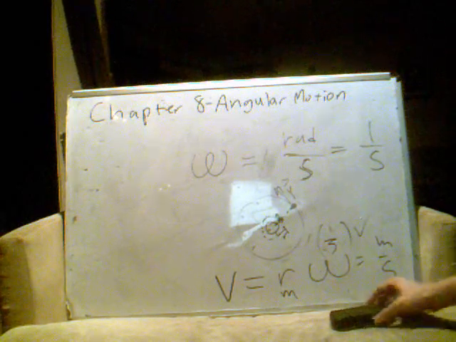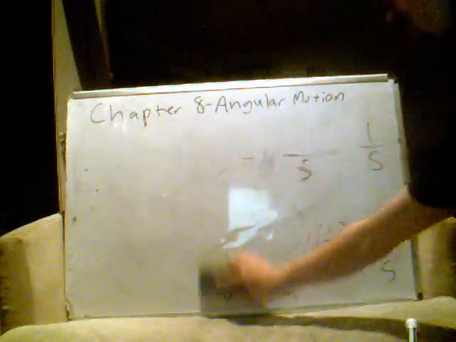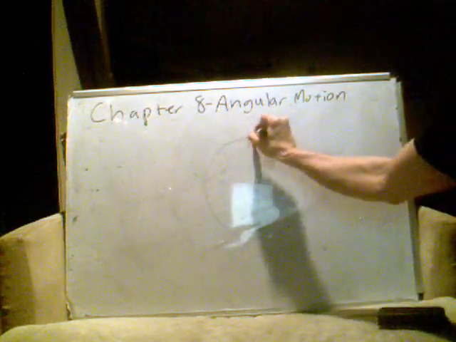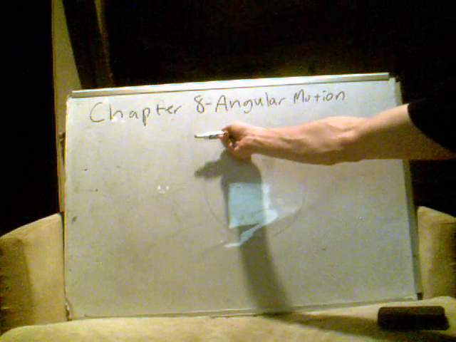Now, if you recall from earlier chapters, if you're moving in a circle, like if you're driving a car, right? If you're traveling in a circle, what direction are you constantly accelerating toward? Well, you're not accelerating tangentially forward, that would just increase your speed, right?